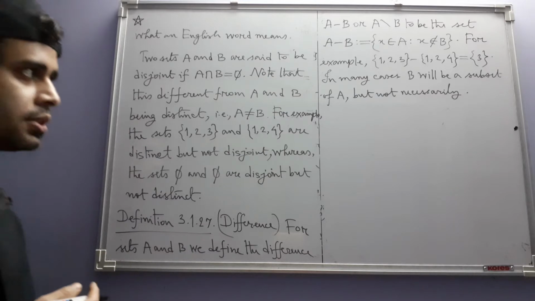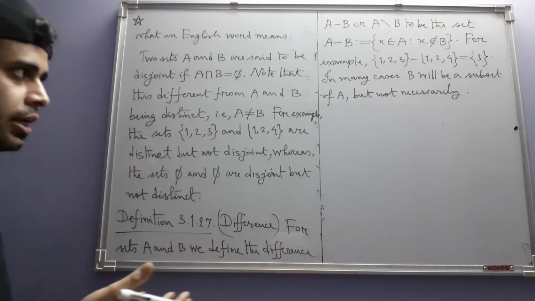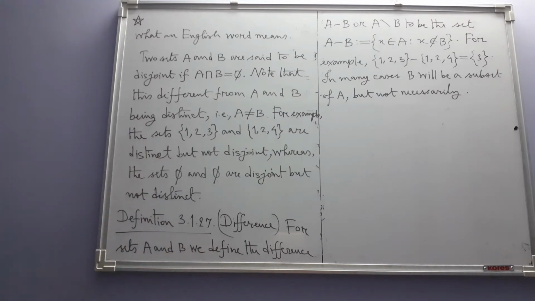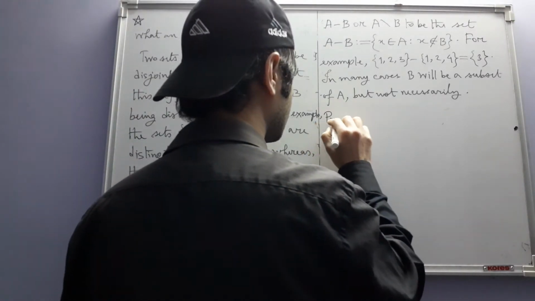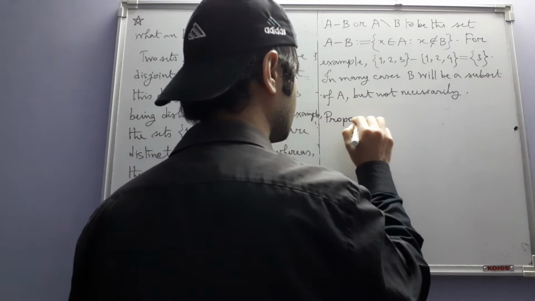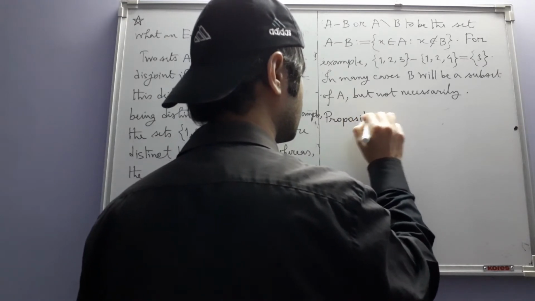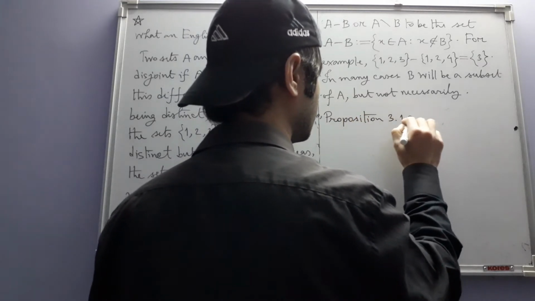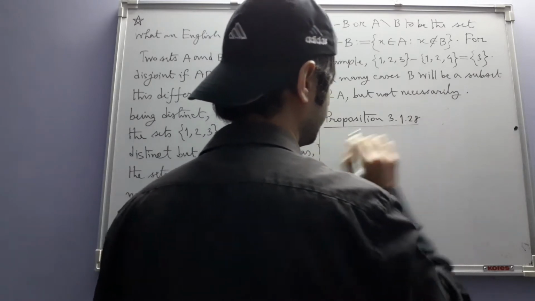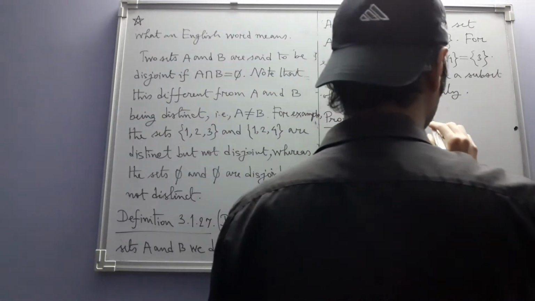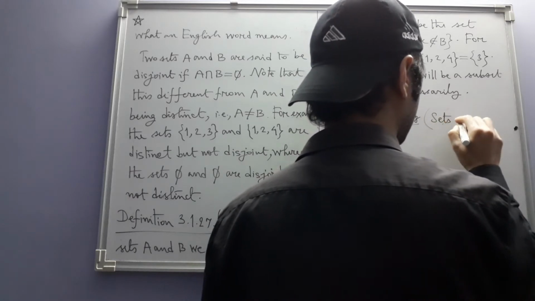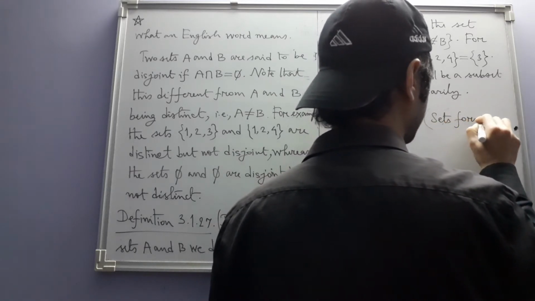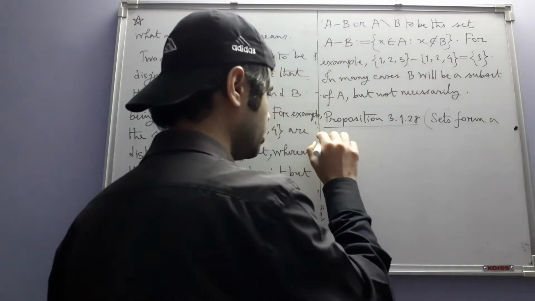We have seen them in naive set theory, but nevertheless here there is a proposition, proposition 3.1.28. The name of the proposition is: sets form a Boolean algebra.